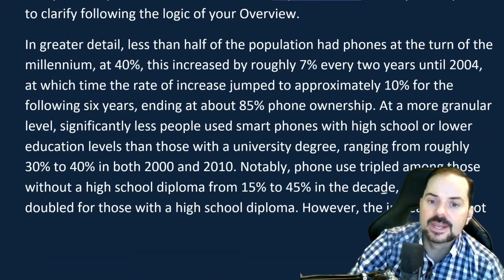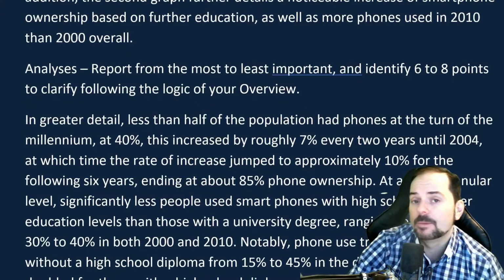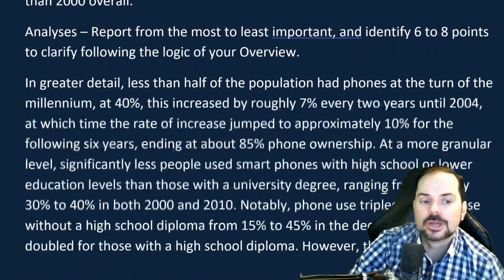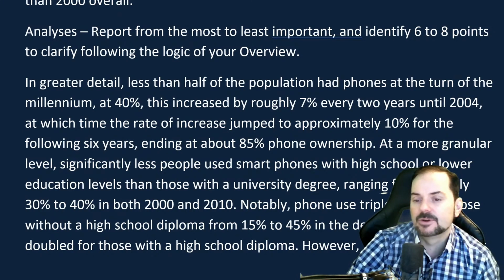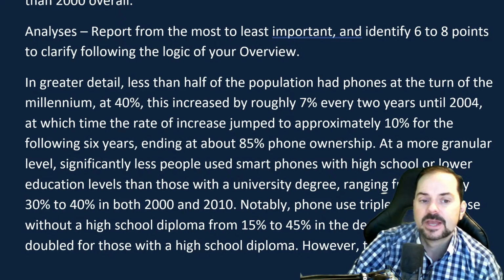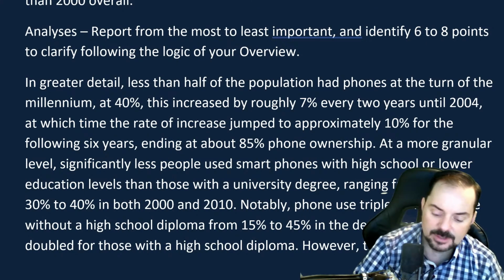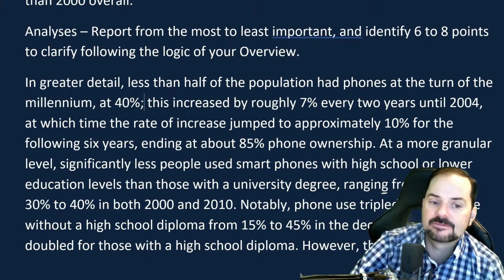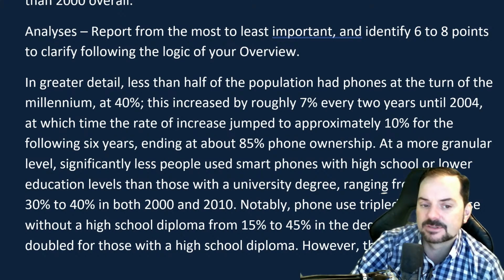All right, and now I just read it to check it. So I read the paragraph, and at home I read the essay as well. So analysis, in greater detail, less than half of the population had phones at the turn of the millennium at 40%. This increased by roughly 7%. I might use a semicolon here. So a half, instead of a quarter stop, use a half stop.